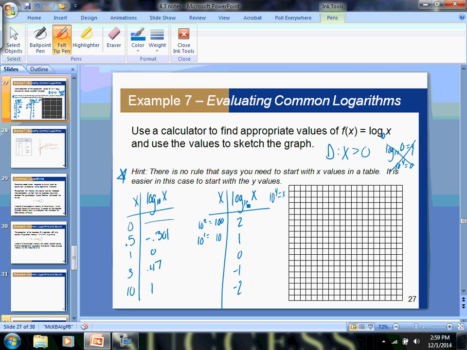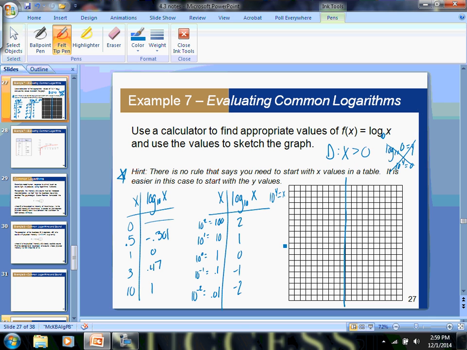So if I took log of 10, I'd get 1. 10 to the 0 is going to be 1. 10 to the negative 1, that would be 1 over 10, or 0.1. 10 to the negative 2, that's going to be 1 over 100, or 0.01. So doing your table of values this way, where you're choosing your y values first and then getting the x values, can sometimes go a little bit easier.